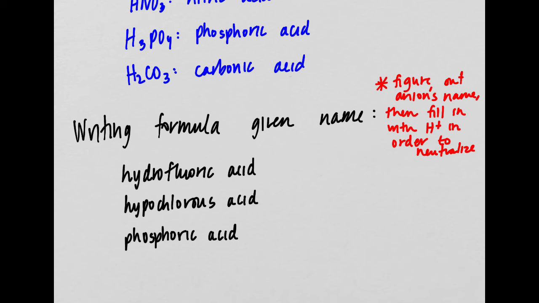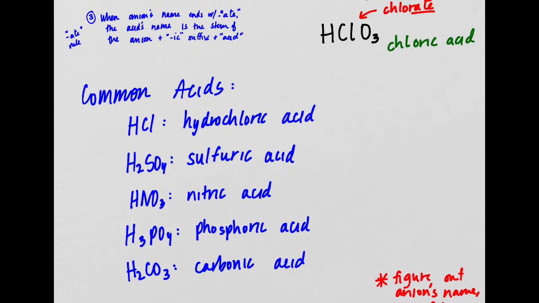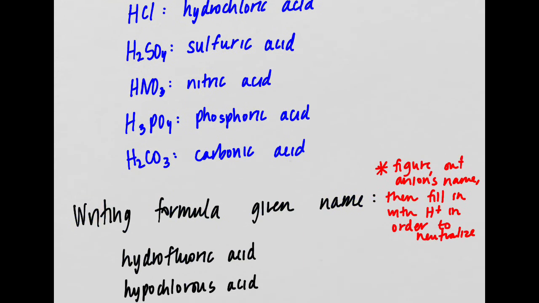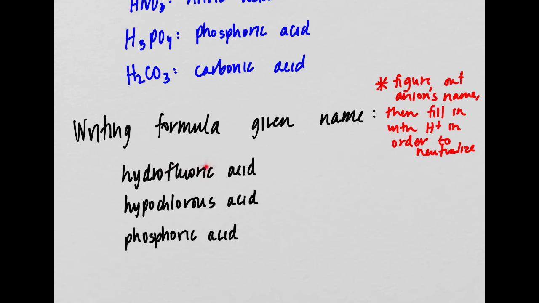All right. So first of all, let's figure out what our anion is here for hydrofluoric acid. Well, we know that in the first rule, when the anion's name ends with "ide," the acid's name starts with hydro and ends with ic acid. So obviously we're dealing with an anion that ends with "ide" here. So the stem here is fluorine. So fluoride is our anion, which is F-.